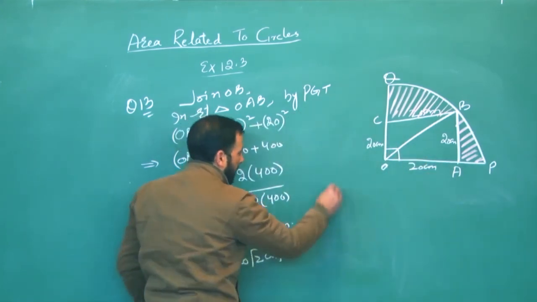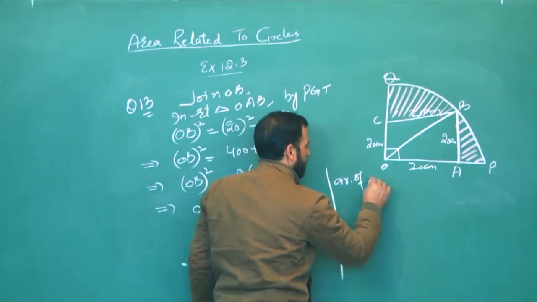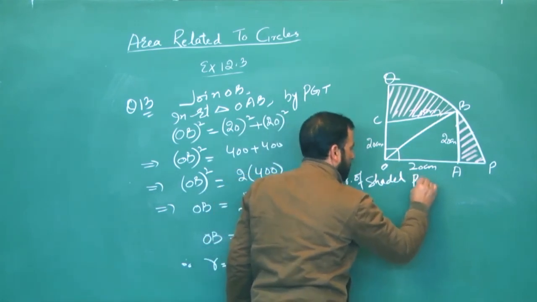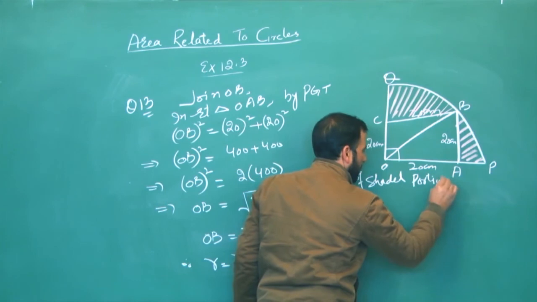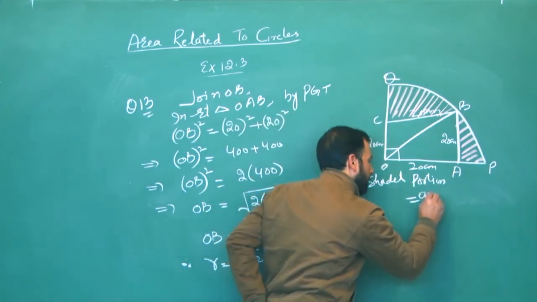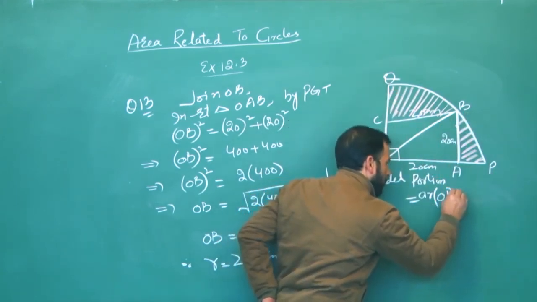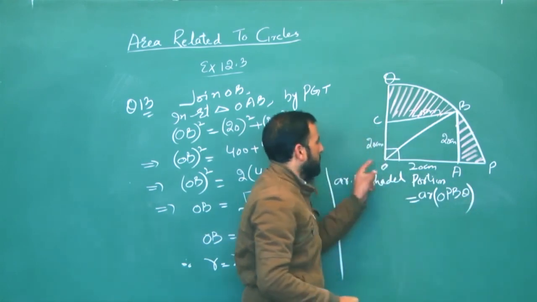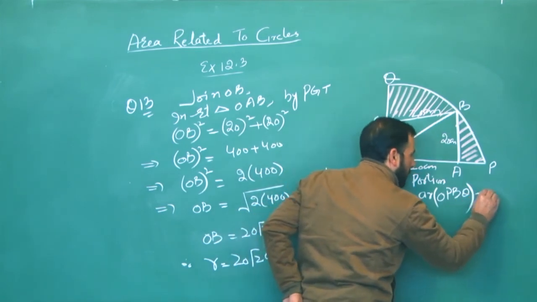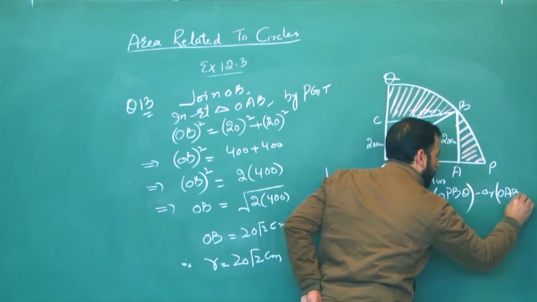So, area of the shaded portion is equal to area of OPBQ. What is OPBQ? Clearly it is a quadrant because one angle equals 90 degrees, minus area of OABC.